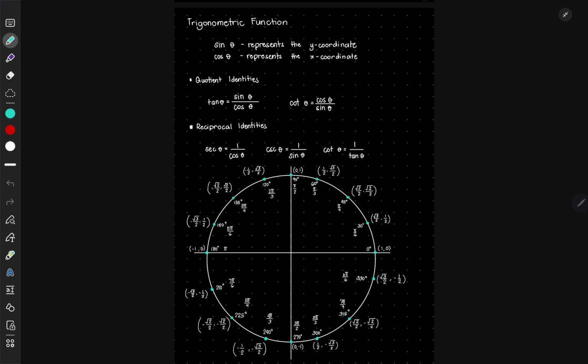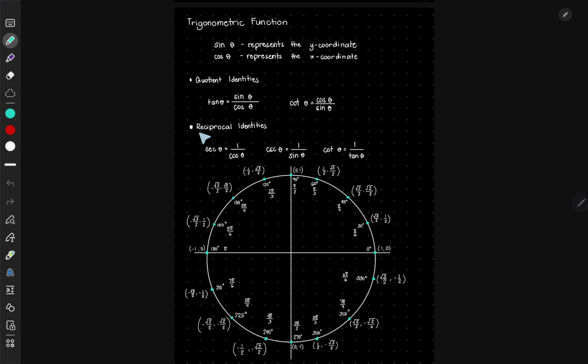So, pwede nating kunin yung values ng ating tangent and cotangent using yung unit circle, and we will have an example mamaya. Kasi alam natin that tangent is equal to sine over cosine, and we know that sine and cosine are the y and x coordinates. So, pwede natin kunin yung values nila.